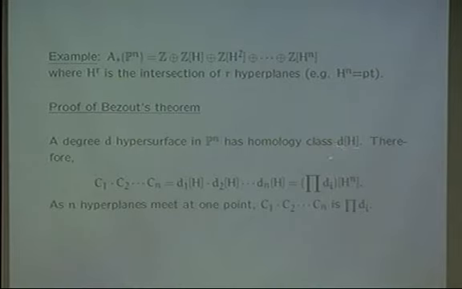That's easy. You can do that by elementary means, just writing down the equations. Therefore, the intersection of C1, C2, ..., Cn, n hypersurfaces, is the same thing as the intersection of d1H, d2H, ..., dnH. Then it's just the product of the di's, and H^n is just a point. So that's the proof of Bezout's theorem.